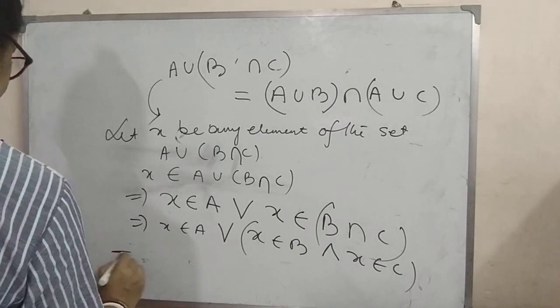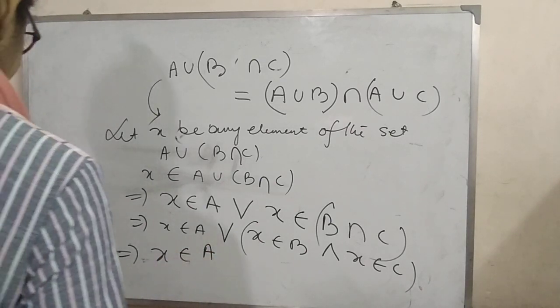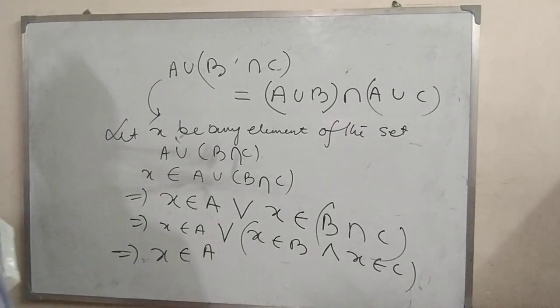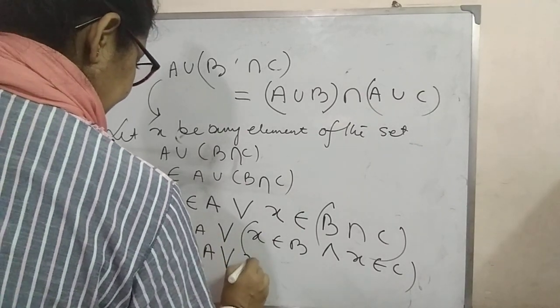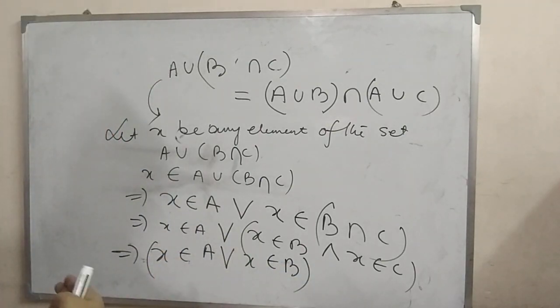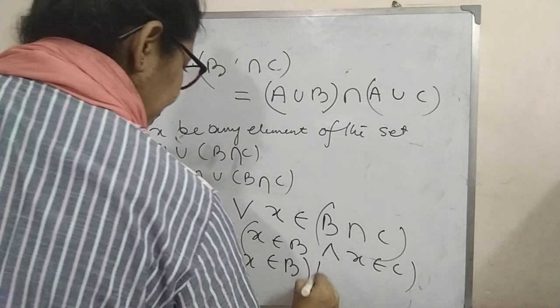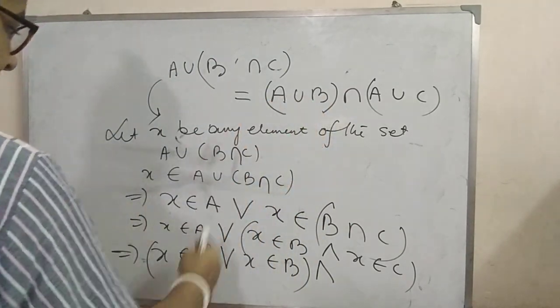That means X belongs to A, X belongs to A, X belongs to B. This is one group, and the next group is, you will find the answer first, then you will write it.